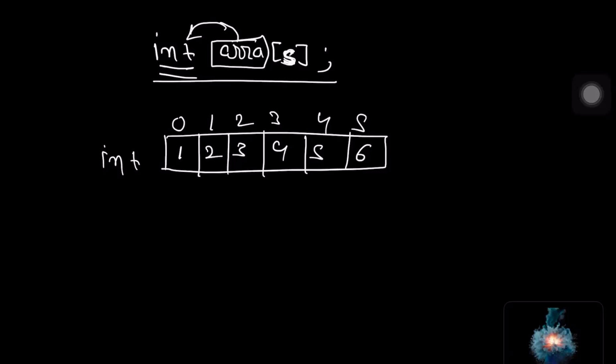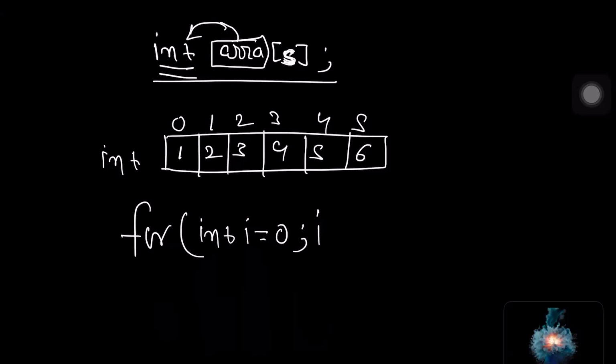So what will I do? I will use a for loop. Int i equal to 0, i is less than array dot length. Okay, this is one of the properties of an array. I will talk about that. Okay.